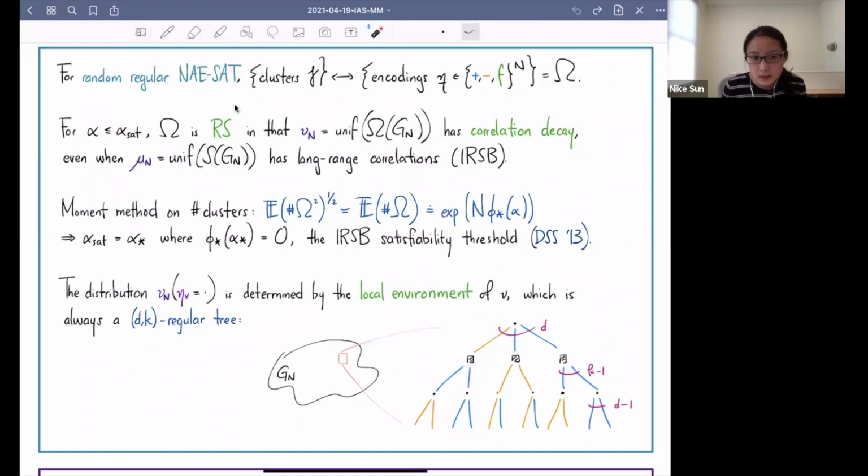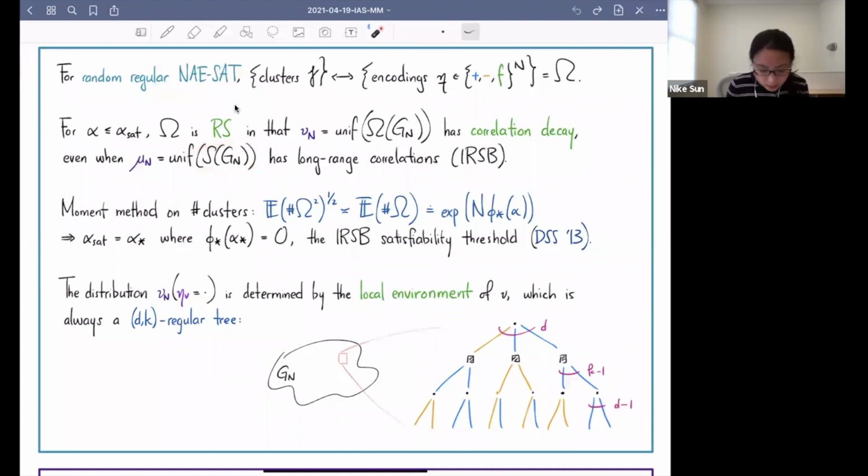Based on this idea, the proof strategy is to apply the moment method on the number of clusters. The second moment is on the same order as the first moment squared, and the first moment is close to the replica symmetric value. We showed this result, and it can be used to obtain the exact satisfiability threshold for this model. A key feature of this model that I want to emphasize is that we're working with the plus-minus-free model.